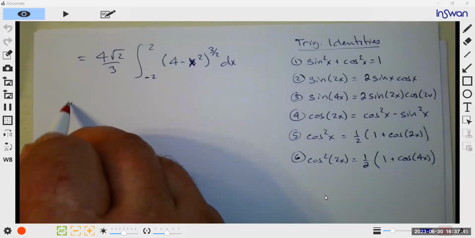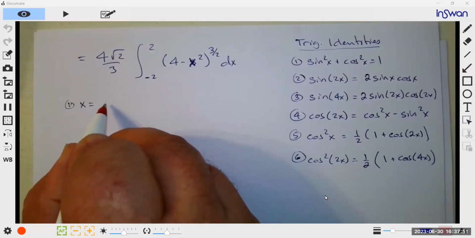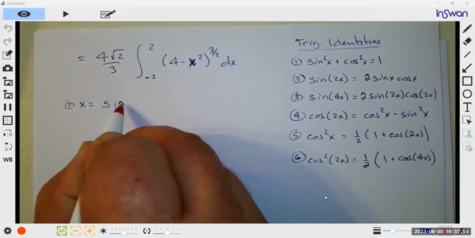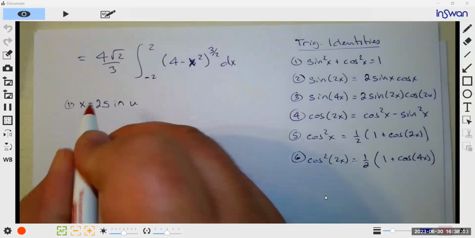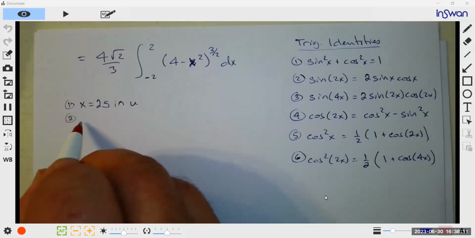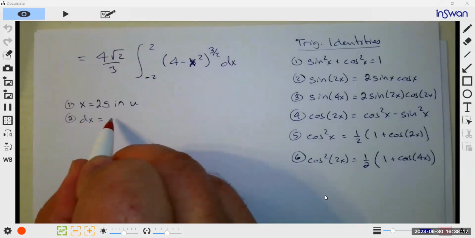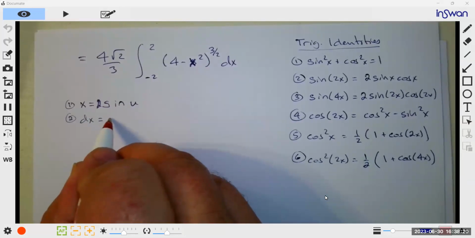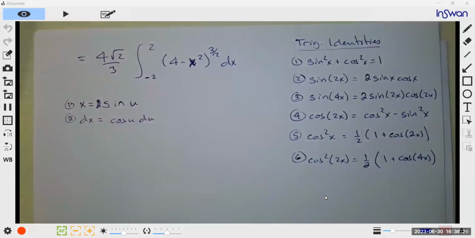All right, so those are the identities we're going to need. First off, let's define x as sine u, or in this case, 2 sine u. So the derivative of that would be 2 cosine u du.